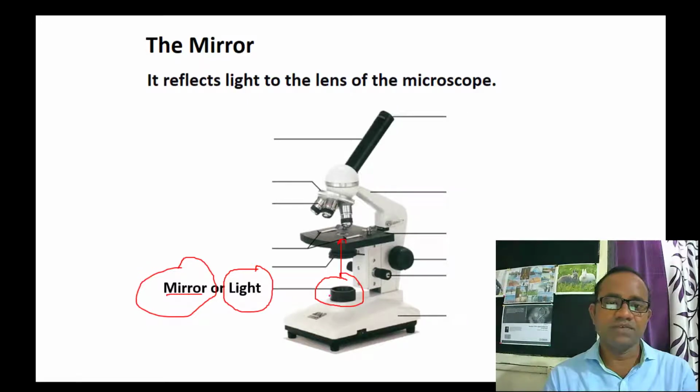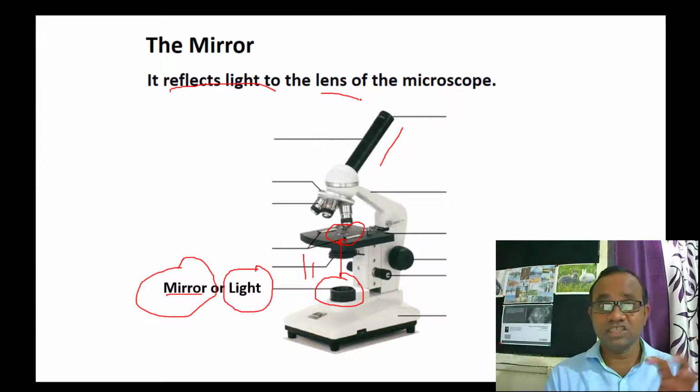This electric lamp produces light rays, and those light rays go into the sample, which is ultimately seen in the eyepiece. So the mirror or the light reflects the light into the lenses of the microscope. These are the basic parts of the microscope.